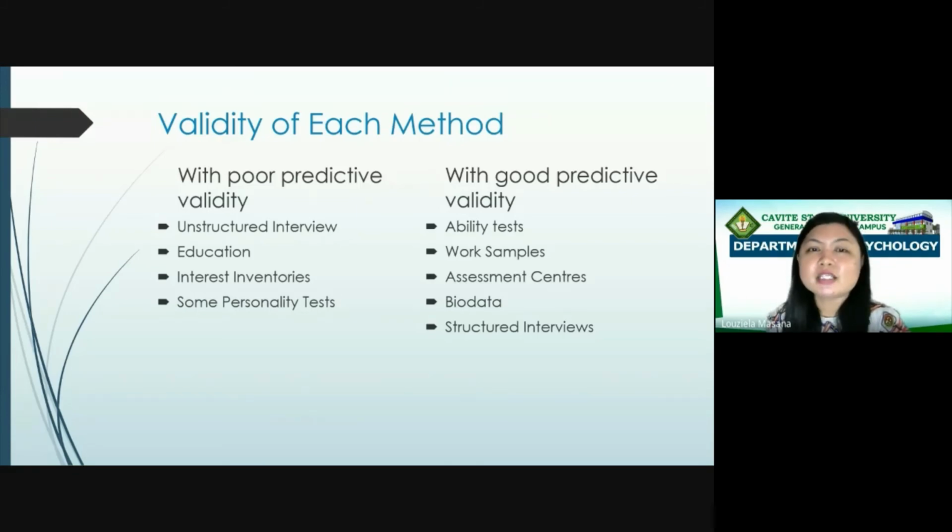Interest inventories also have poor predictive validity. So, minsan nadadaya. Same with the personality tests na it can be answered kasi during the time, yung impression kasi na mabibigay mo dun sa test ay depende doon sa time kung kailan mo kinuha yung test.